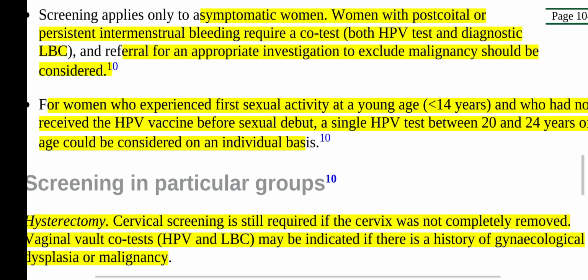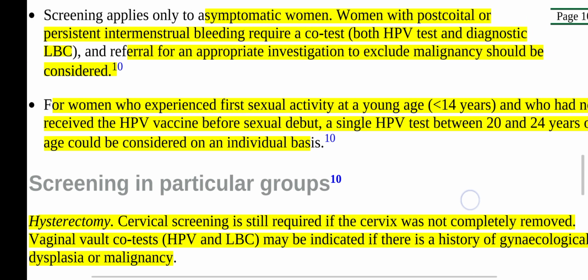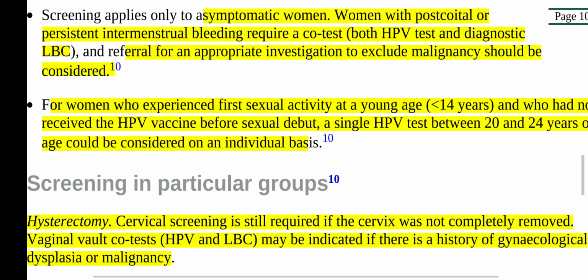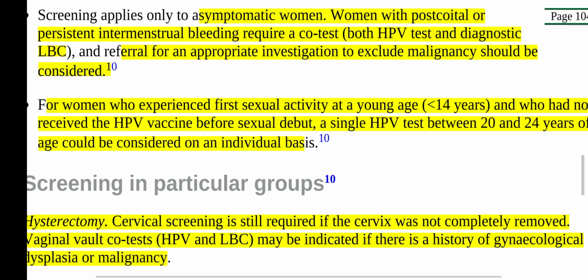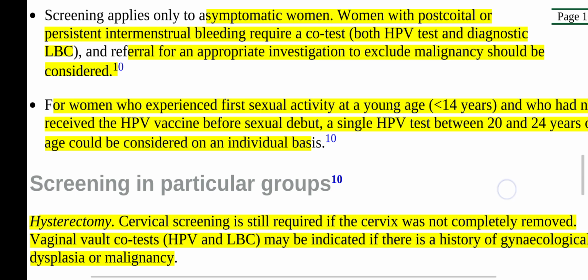Next important point, for women who experience first sexual activity at a young age, less than 14 years, and who had not received the HPV vaccine before sexual intercourse, a single HPV test between 20 and 24 years of age could be considered on an individual basis.